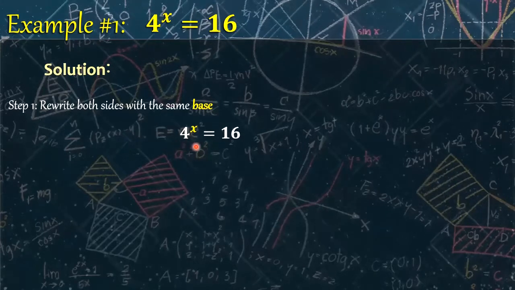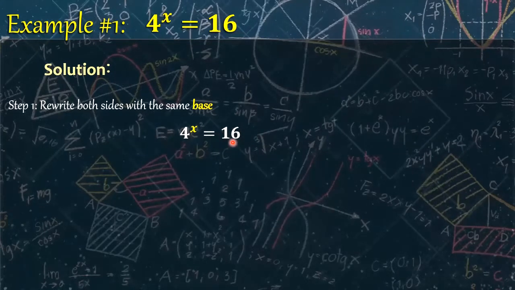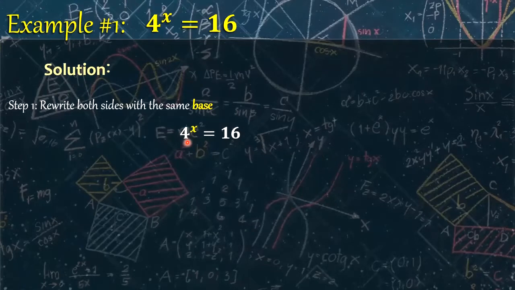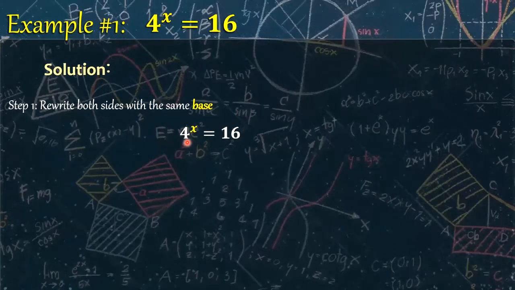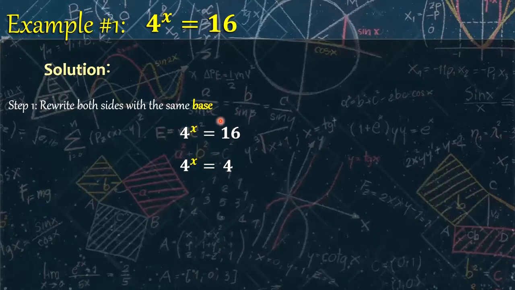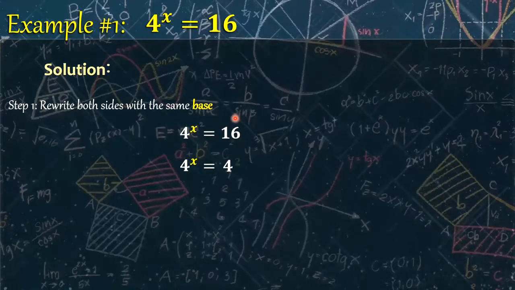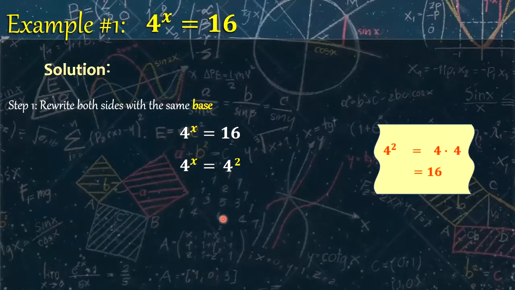So we need to change the right side into exponential form, which is 16, having a base of 4. It is easy if you have the exponential table. Just check if the base is 4, what should be the power or exponent so that the result is 16. Therefore, it should be 4 squared, because if we simplify, 4 times 4 is 16.